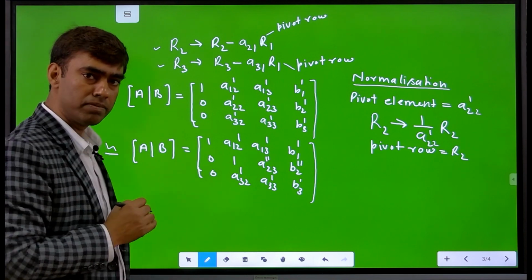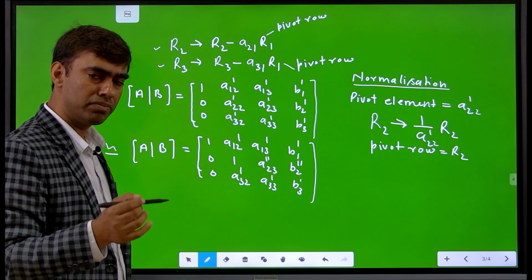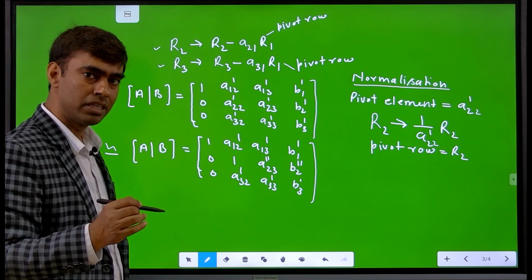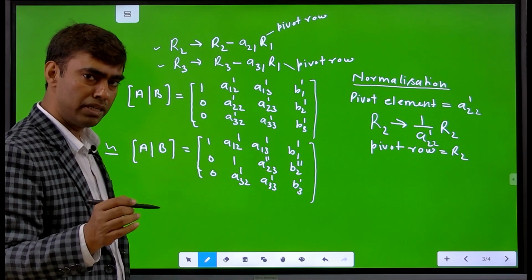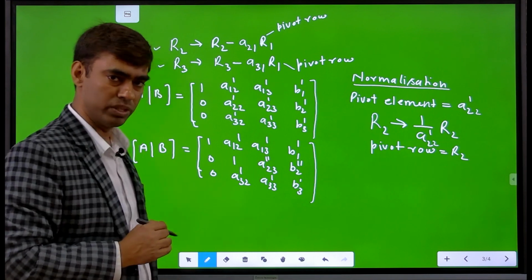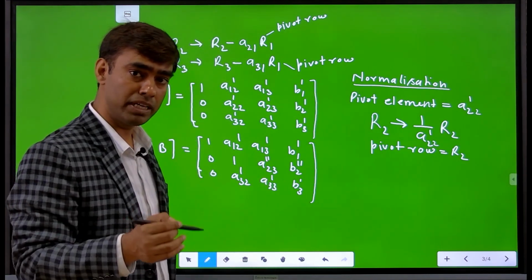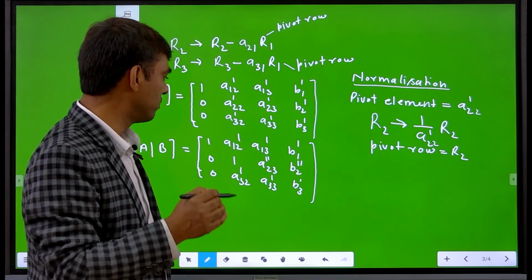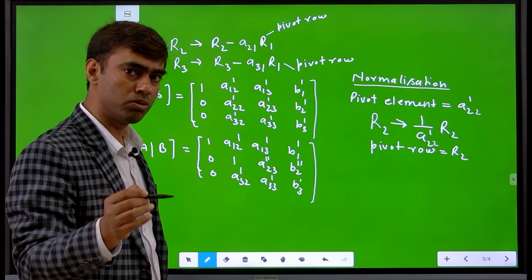So now we perform the second stage elimination, which means we eliminate the second variable from all other equations except the second equation. That means from all other rows. So what will we do?